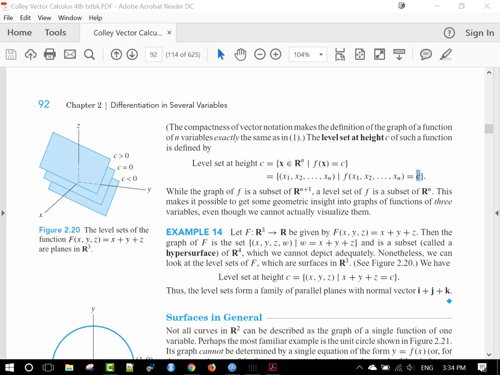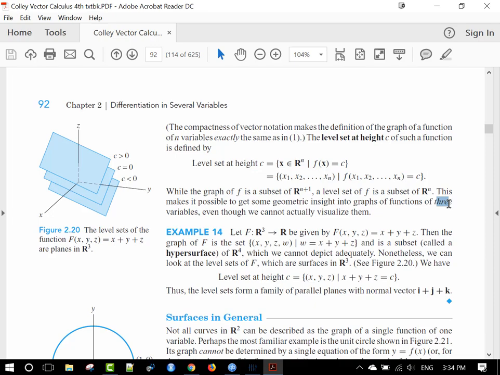So this makes it possible to get some geometric insight into functions of 3 variables. If we're talking about functions of 3 variables, then we're going to have the output variable, which is one more variable. So we actually have 4 variables in total, so we can't graph that.